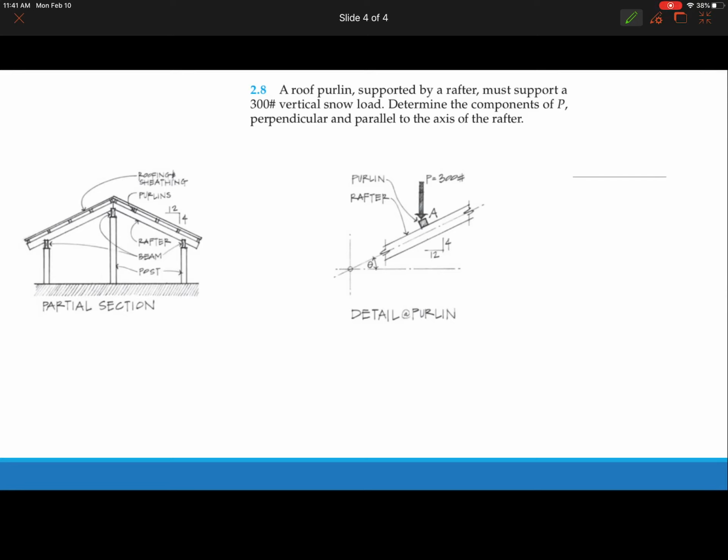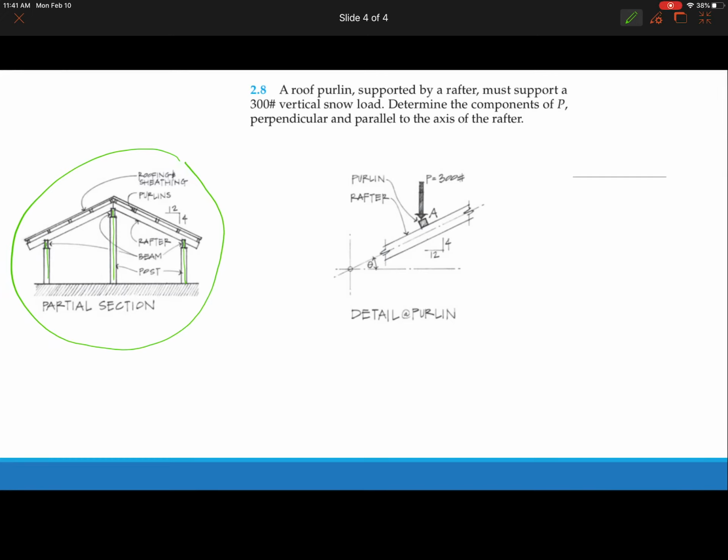A roof purlin. This is the structure of a building, okay? We have the posts, three posts. It's a cross-section view. So this is a post, and then we have three beams over there.